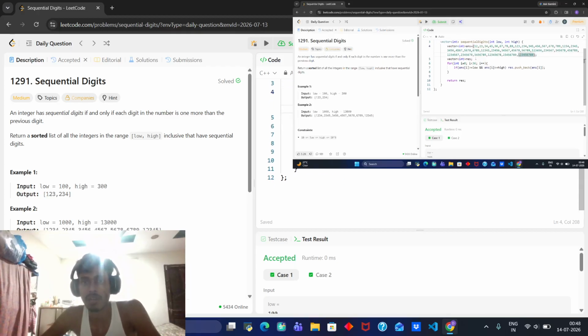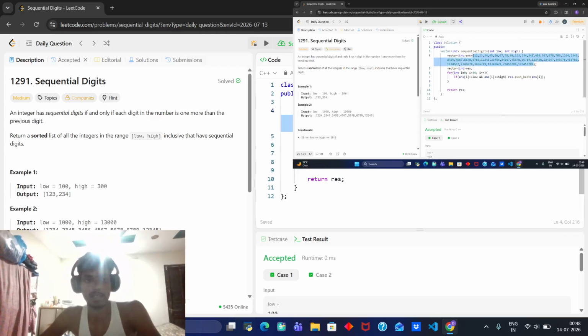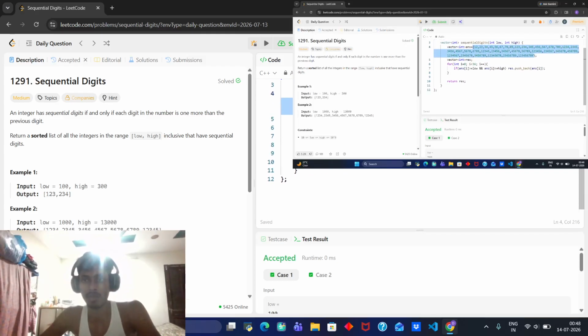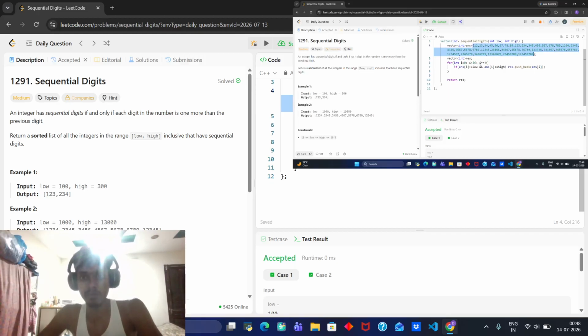After storing that, I have created a result vector and iterate over all the elements. There are a total of 36 elements in this sequential digit list from 10 to 10 to the power 9. I have iterated one by one and checked whether it is greater than or equal to low and less than or equal to high.